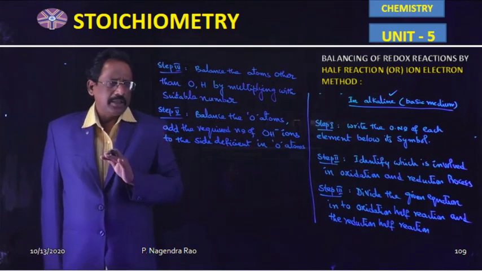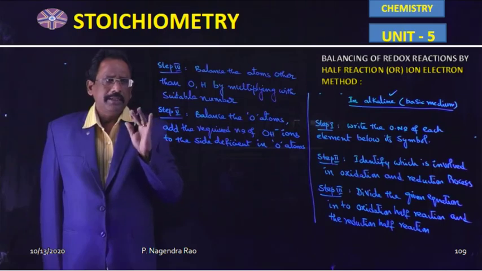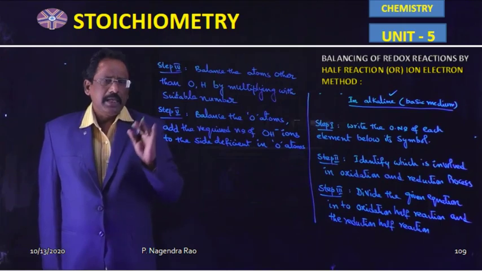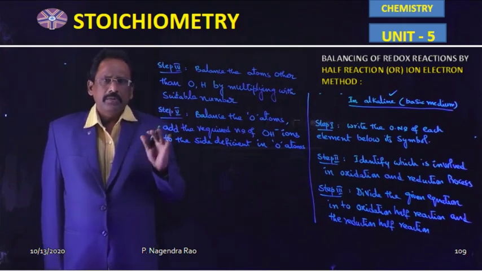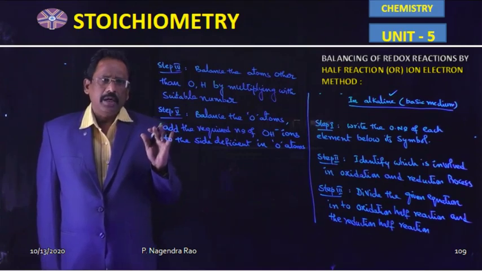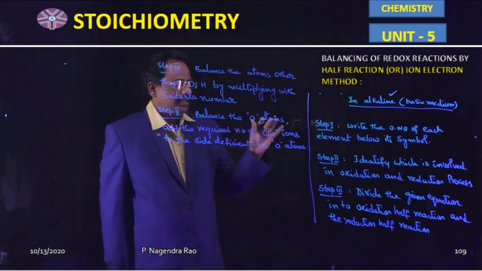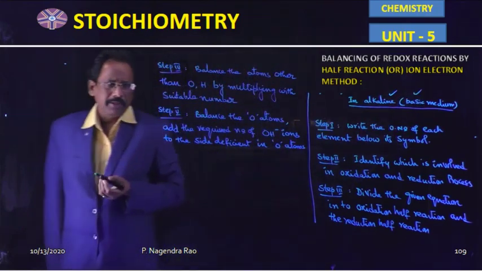If the reaction takes place in acidic medium, to balance the oxygen atoms, add the required number of H2O molecules to the side deficient in oxygen atoms. But here the reaction takes place in basic medium or in alkaline medium.